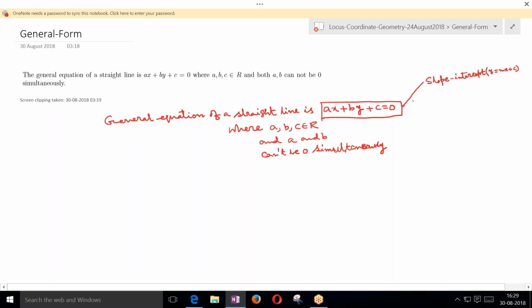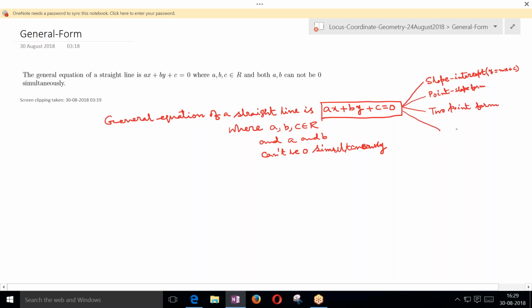Then from here you can make the point slope form. From here you can make the two-point form.